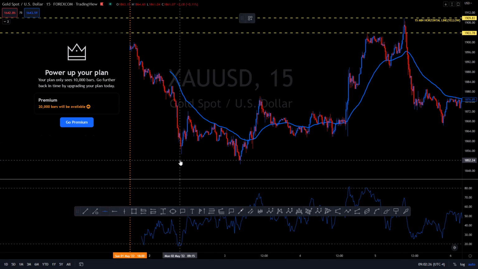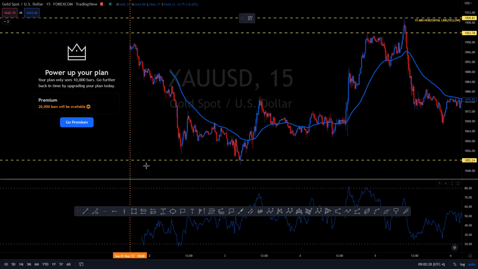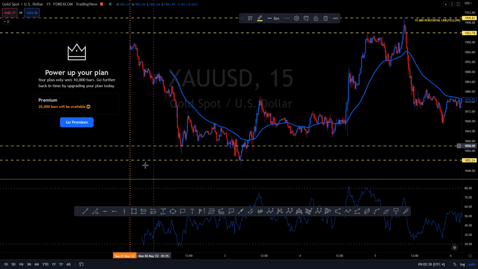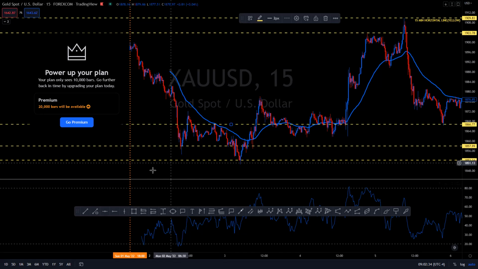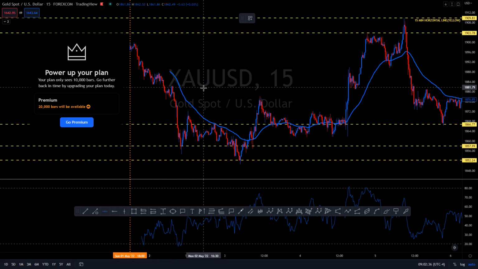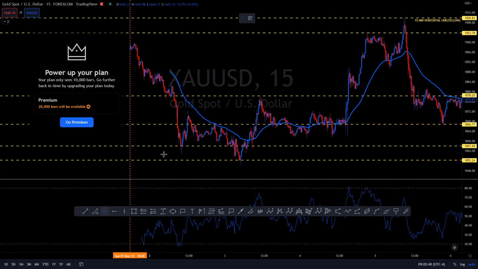Eventually, price came down to these demand areas here and made price go all the way back up again. Supply and demand market structure is the best way to go because that's where you're going to catch the best moves.